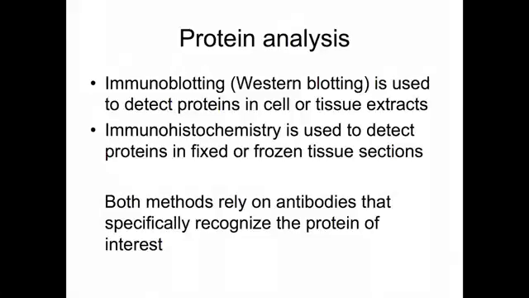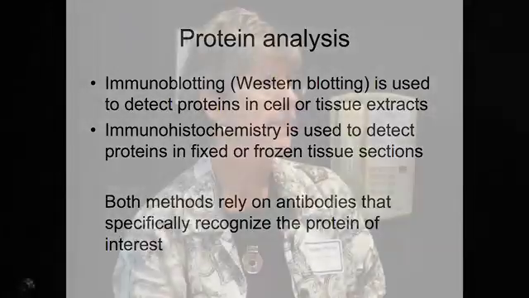All right, so the two things that I am going to talk about, as indicated on the slide, are immunoblotting, or also called Western blotting, which is a technique that's used to detect proteins in cell or tissue extracts.